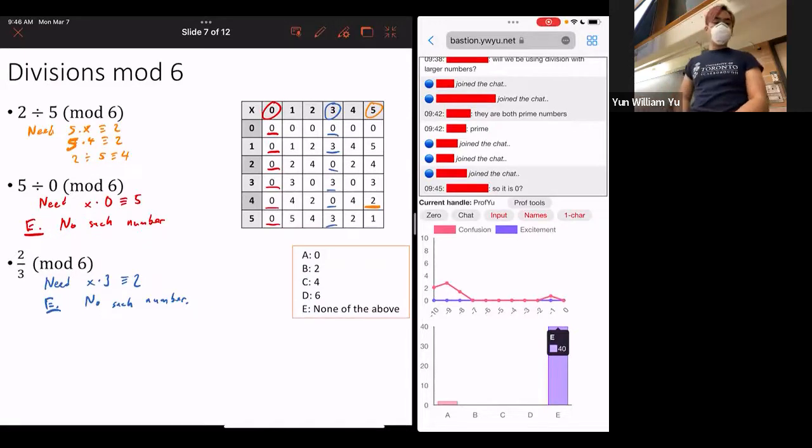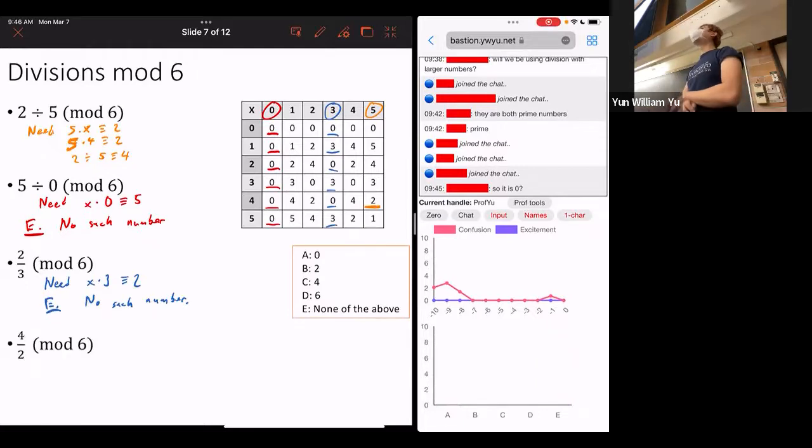Okay, and I'm going to ask you one more, and think really hard about this one before you answer. I'm telling you right now, there's a trick to it. What is 4 divided by 2?